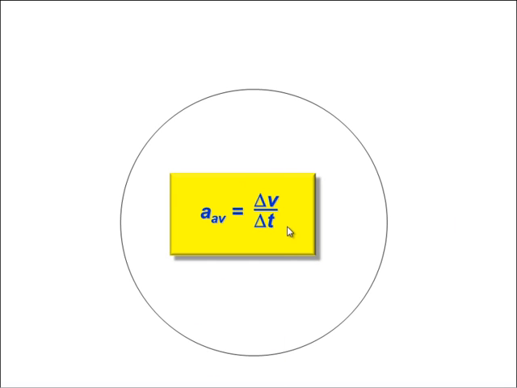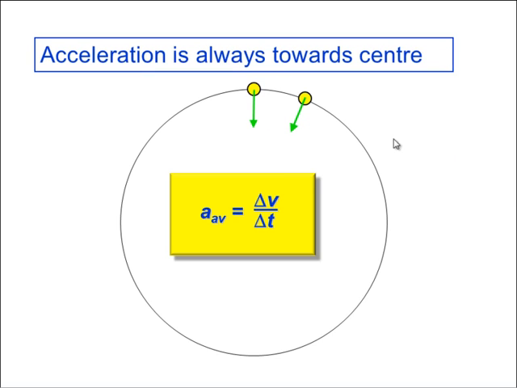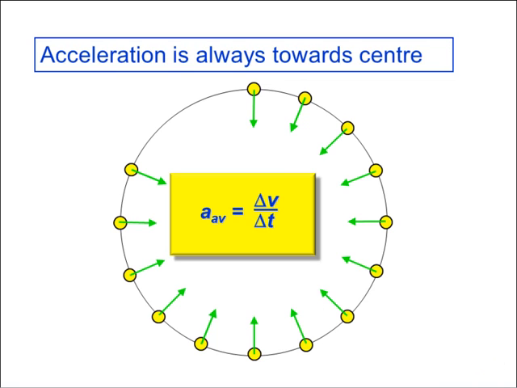So let's have a look then at where the acceleration would be. We've got acceleration, change in velocity over time. So the direction of the acceleration is always towards the center. Wherever it is in that rotation, acceleration is always towards the center.